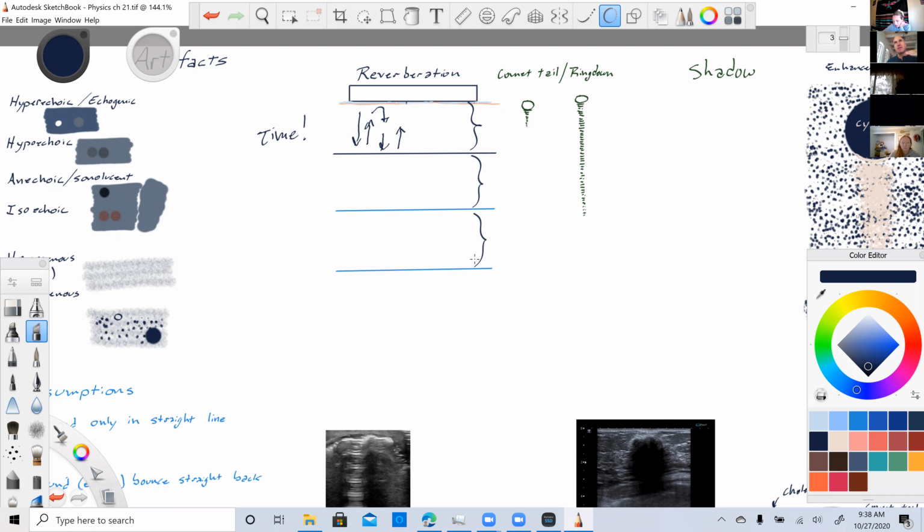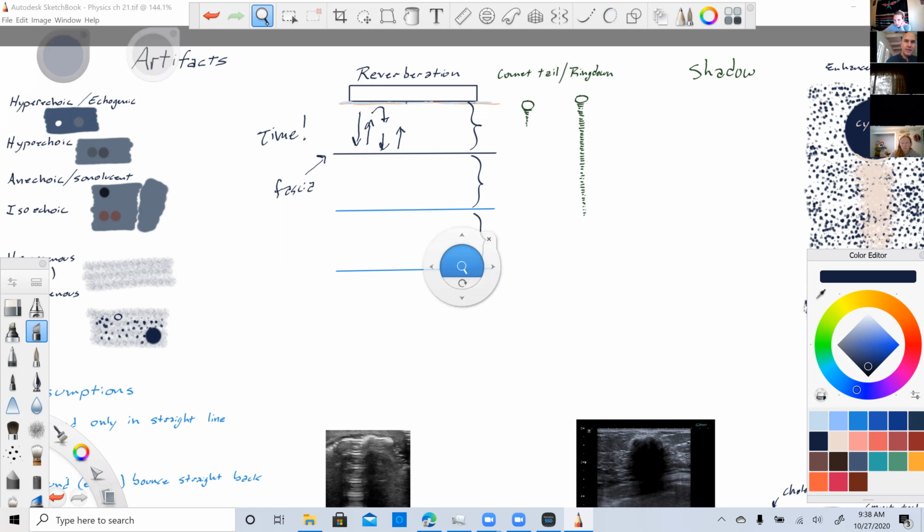Reverberations occur not randomly, but at very much the same distances. In this case, let's just call it fascia. It doesn't have to be fascia, but that's what it is today. Connective tissue. That distance between the fascia, and then it bounces back up to the transducer, bounces again. We see that, and then we see that line, and so on and so forth.